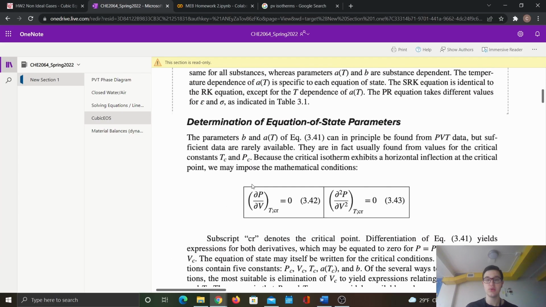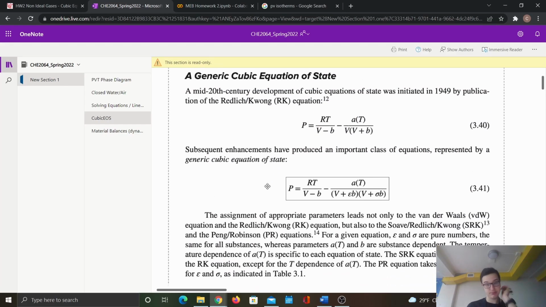So, we know from earlier videos, video 2 specifically, pressure equals R times the temperature divided by volume minus B. Now B, this wasn't explained in previous videos, but B is the excluded volume for other particles that you're not looking for, such as air particles or something like that. Minus A divided by volume plus epsilon B times volume plus sigma B.